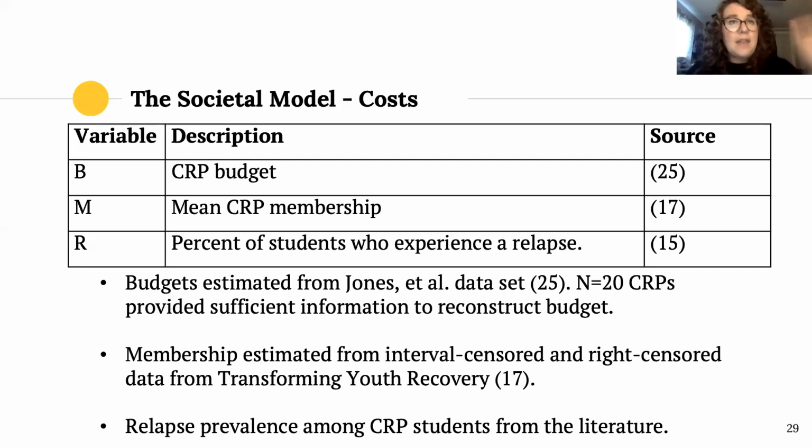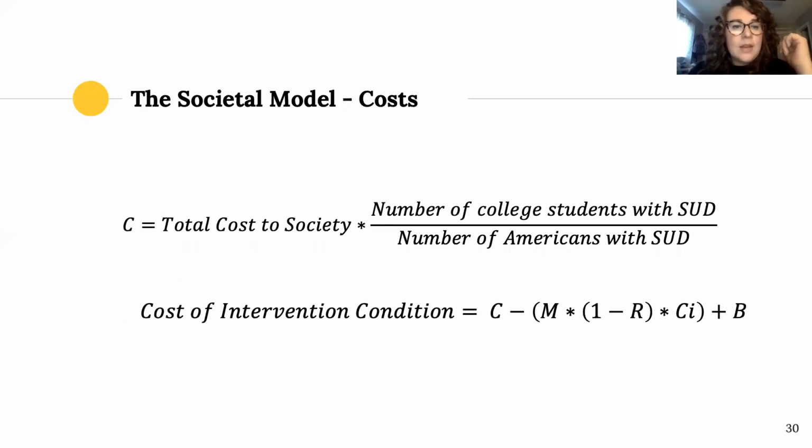And then again, relapse prevalence, that's from the Law Day study. Our costs, it's total cost to society. It's just the portion that's attributable to college students. And then the cost of the intervention, basically we're taking that treatment as usual cost, and we're subtracting out the amount that's saved by students who are participating actively in the CRP.